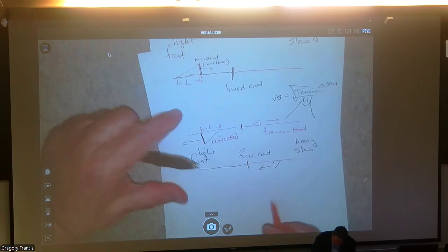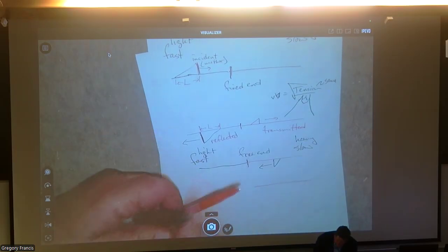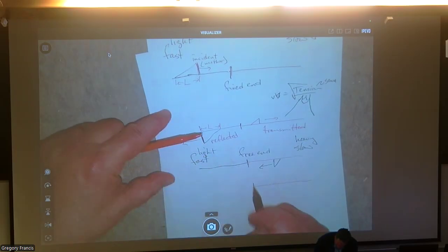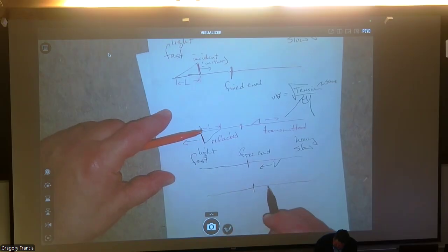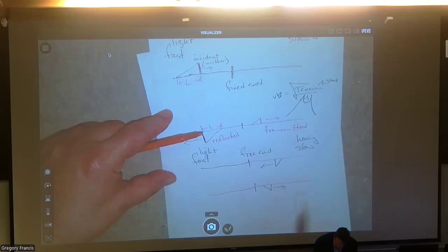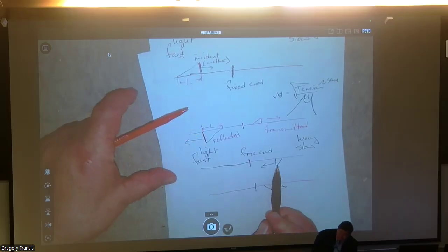And so when I draw the twins, the reflected is going to be on the same side as the mother pulse. In this case, it was on the bottom.